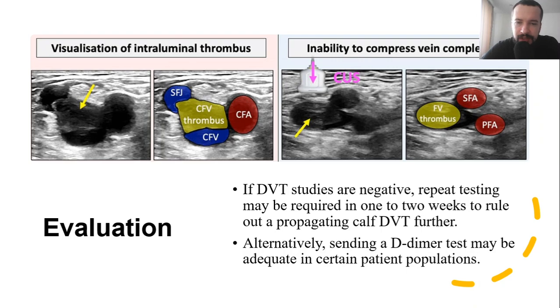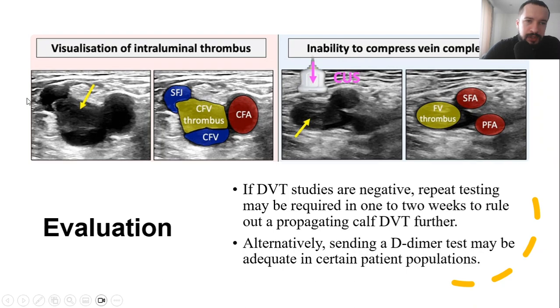If DVT studies are negative, repeat testing may be required in 1 to 2 weeks to rule out a propagating calf DVT further. Alternatively, sending a D-dimer test may be adequate in certain patient populations. And there you see the picture of the ultrasound.